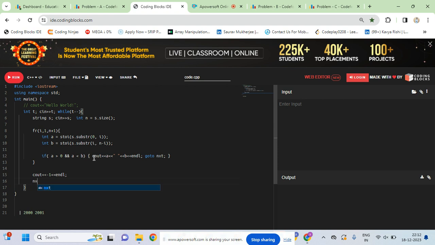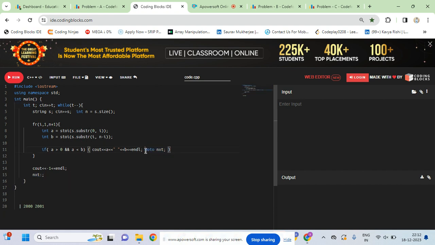Okay, and here is the next defined. So whenever you say goto next, it will jump directly to this line and the whole code will terminate. You can study about this; it's not a kind of function, it's just like a line skipping technique, something like that.